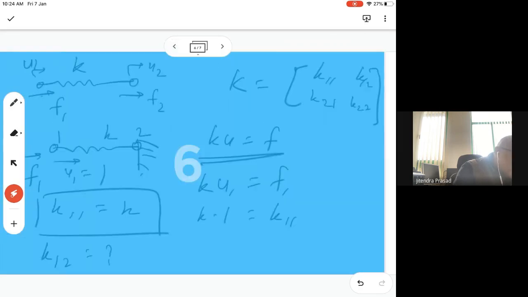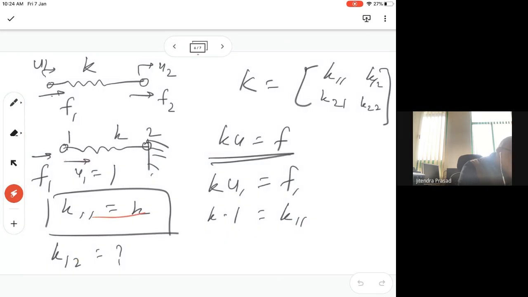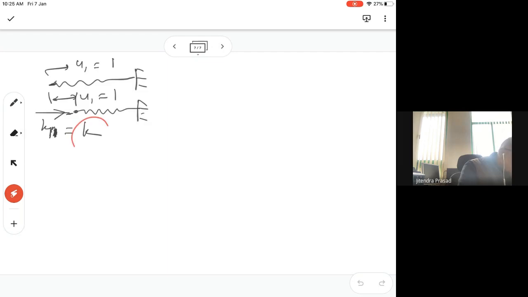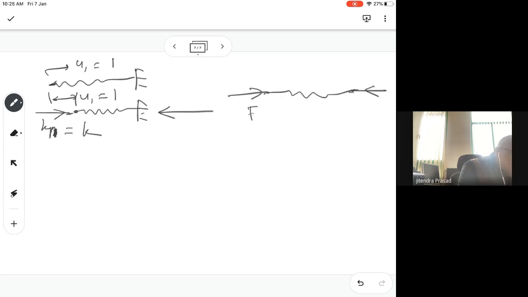As per definition, K11 equal to K. If the force is K, there will be another force in the opposite direction, right? Because we know that in order to have equilibrium, if the force here is F, the other side also the force will be equal to F. So if this side is K, another force acting on the spring will be K only, but in the opposite direction.